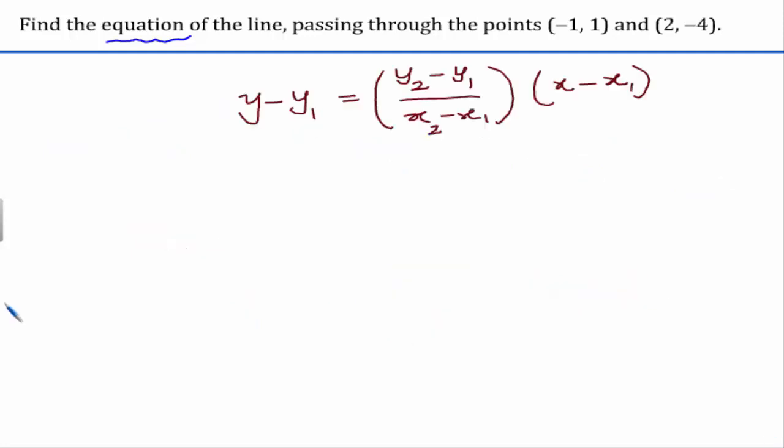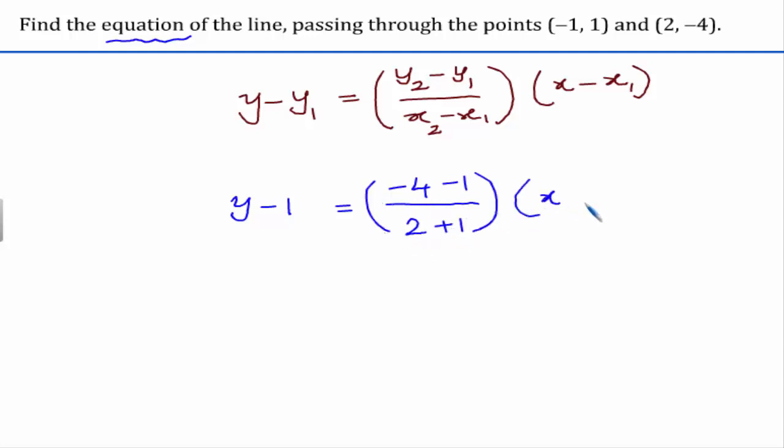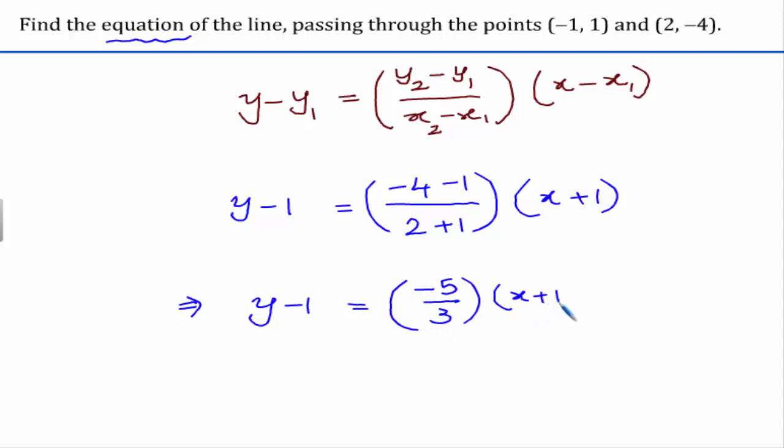Now let us substitute into this: y minus y1, that is 1, is equal to (y2 minus y1) by (x2 minus x1), that is 4 minus 1 by 2 minus of minus 1, into x minus of minus 1. Now this will be simplified as y minus 1 is equal to 5 by 3 into x plus 1.